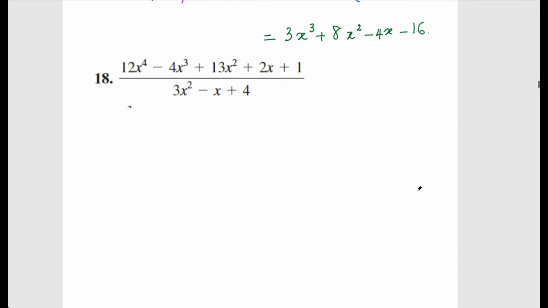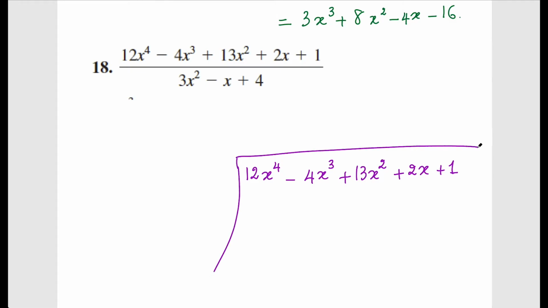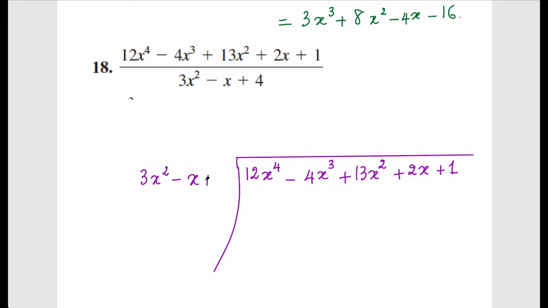So I have 12x to the 4th minus 4x cubed plus 13x squared plus 2x plus 1. That's playing the role of the dividend divided by the divisor, which is 3x squared minus x plus 4.